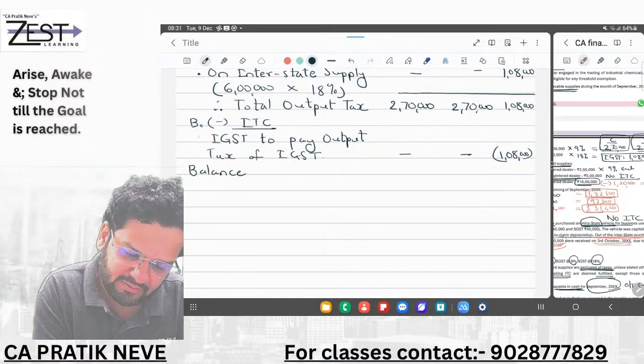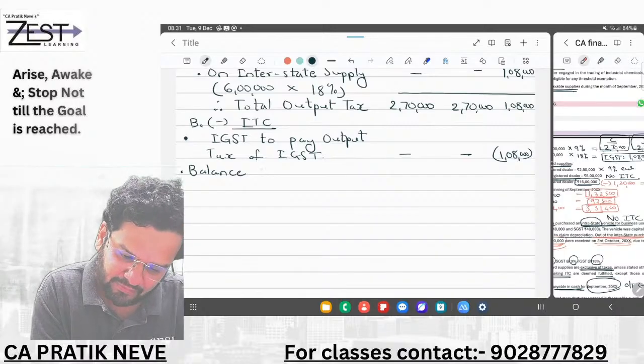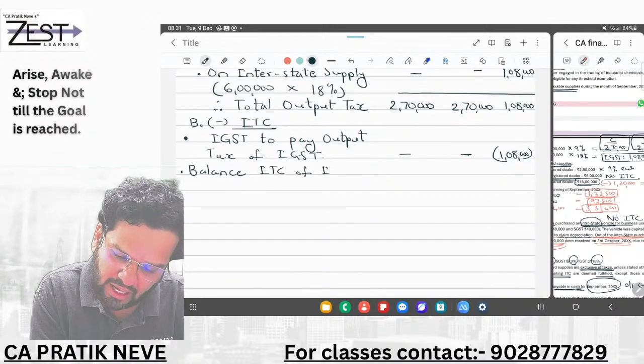What is the balance? So balance ITC of IGST.